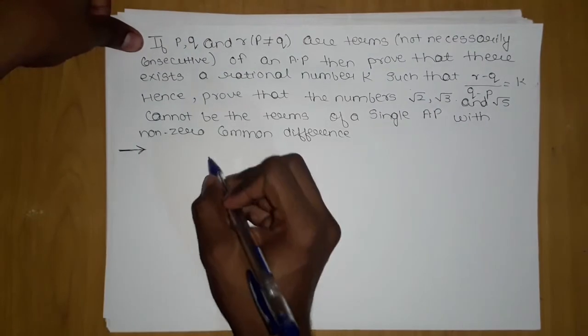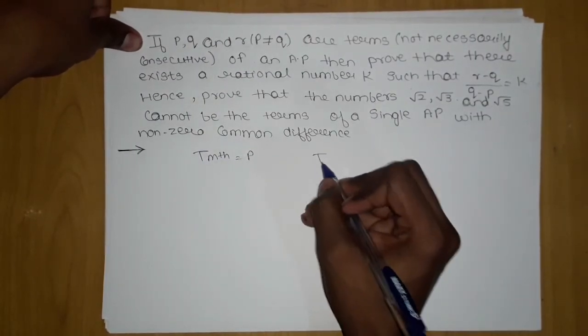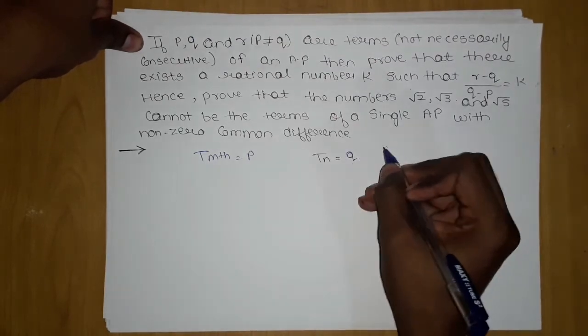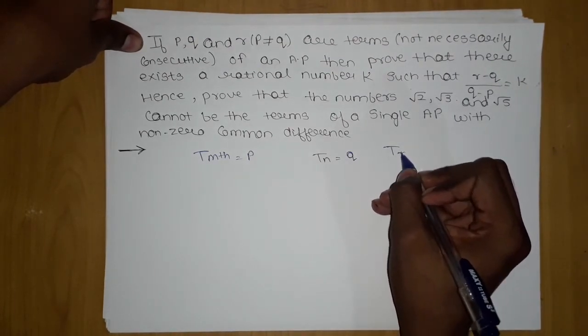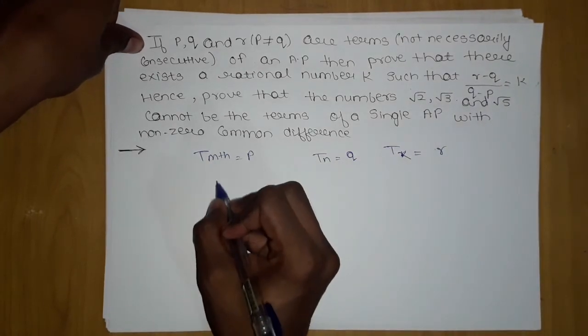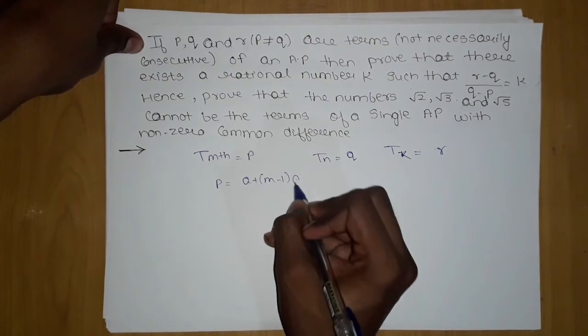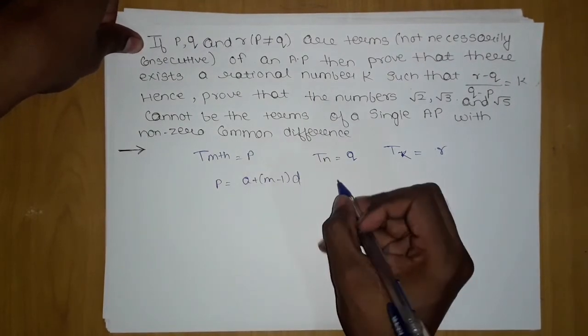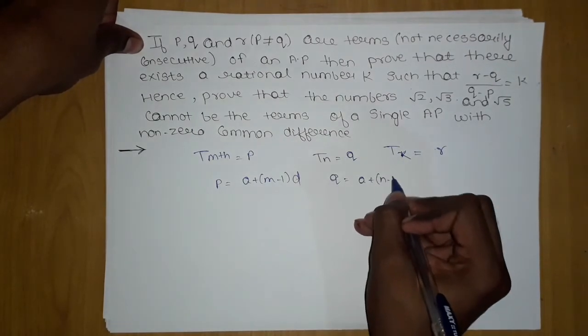Now let the mth term be p, the nth term be q, and the kth term be r. Now p is equal to a plus m minus 1 into d, and q is equal to a plus n minus 1 into d.